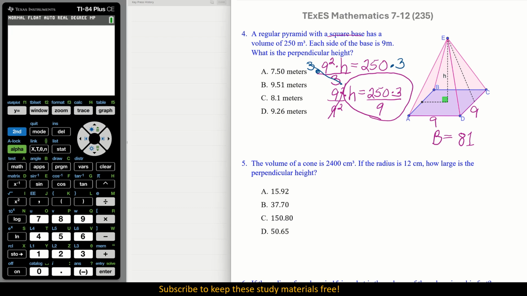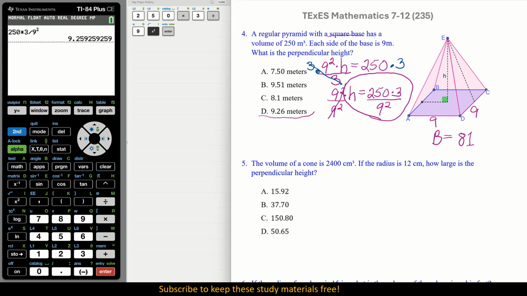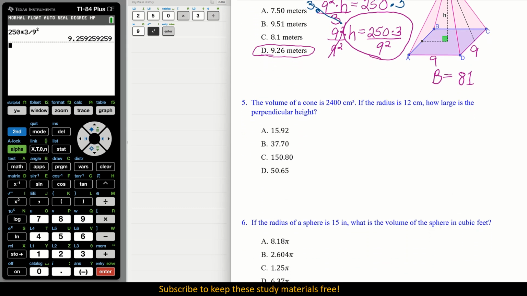And we should be good to go. All right, so let's give it a go. All right. 250 times the 3, divide by the 9 to the second power. And yes, what does that give us? Yes, with some rounding, 9.26 meters. Great. Okay. Number 5. Let's scoot up a bit.